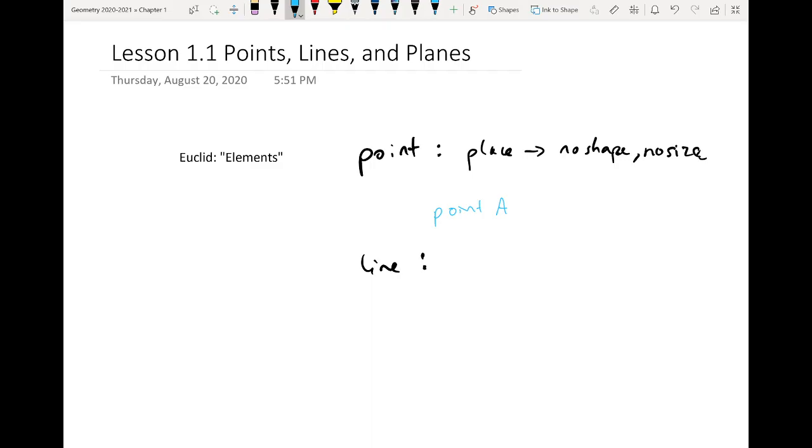Next, we have the line. And a line, by definition, is made up of points, and it's an infinite number of points. Usually right here I get, oh, it's made up of 2 points, but that's not true. We can give it constraint by 2 points and terminate the line.